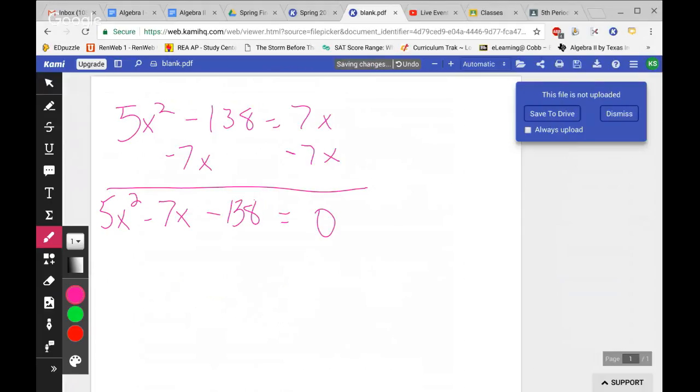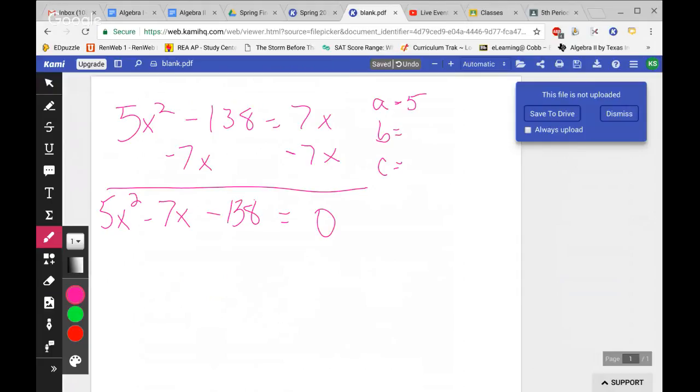So now we want to identify our A. And even though there isn't going to be a place anywhere on the final to plug in your A, B, and C, I highly encourage both of you to go ahead and do that and identify it. Okay. So A is 5.